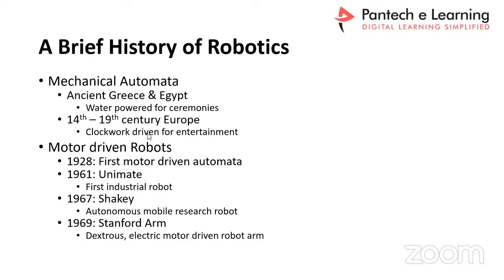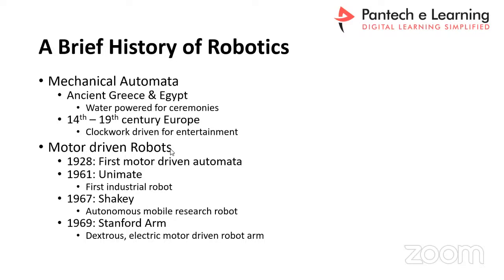From the 14th to the 19th century in Europe, there were clock-driven robots for entertainment purposes. We can see different old robotic setups fully based on clockworks.